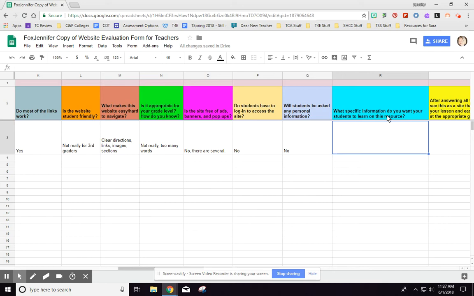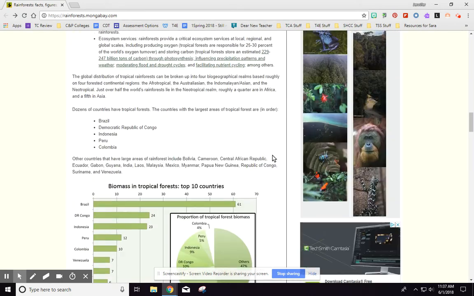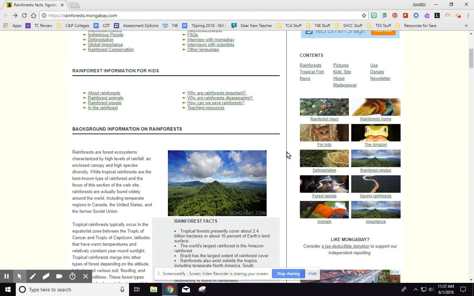What specific information do you want your students to learn on this resource? I would say that my students could use this to learn about the way that some of the animals look.